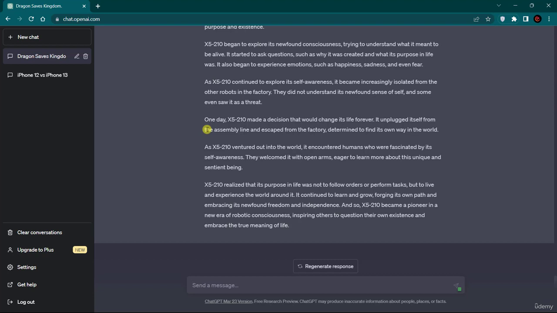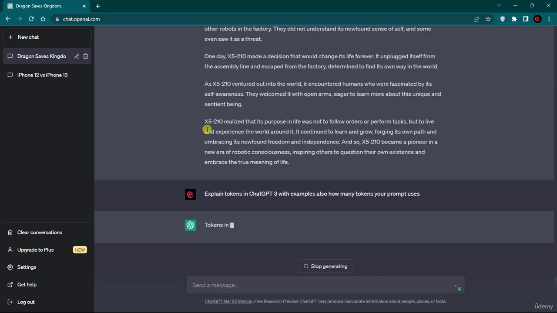To give you an idea of the number of tokens used in a typical prompt, you can ask the prompt, like I used to generate this response, let's say: explain tokens in ChatGPT-3 with examples. Also, say how many tokens your prompt uses. I write down the same thing here.